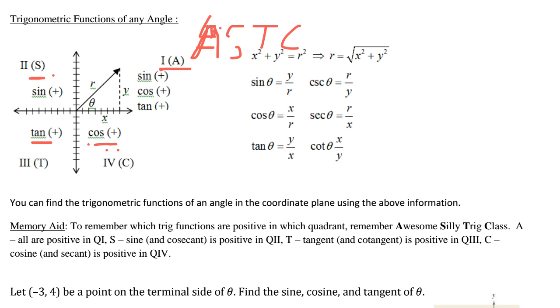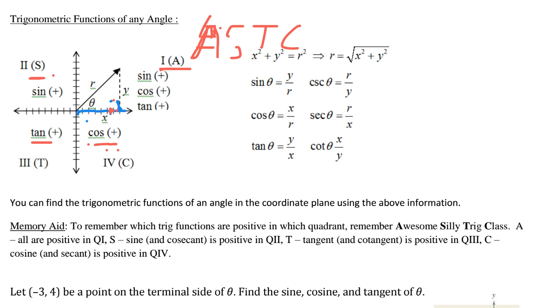The other thing you need to know is Pythagorean identities. Anytime you have an angle, you're comparing it to the initial side, and you're always going to get a right angle right in here.